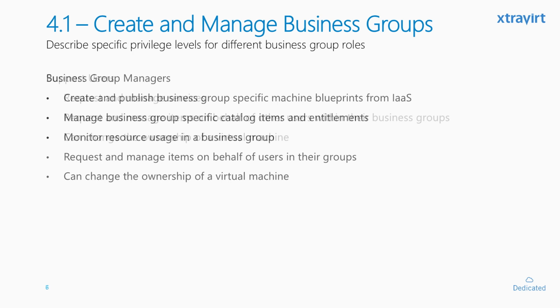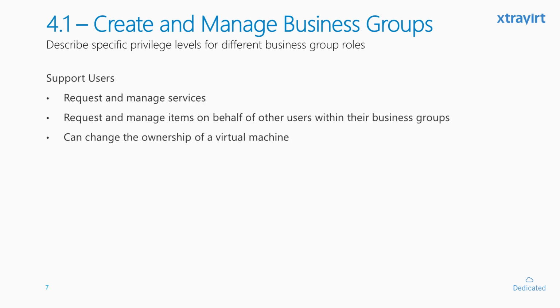And support users, they can request and manage services just as a normal user can. The differentiating thing here is that they can change the ownership of the virtual machine, and they can request and manage items on behalf of other users within the business groups.